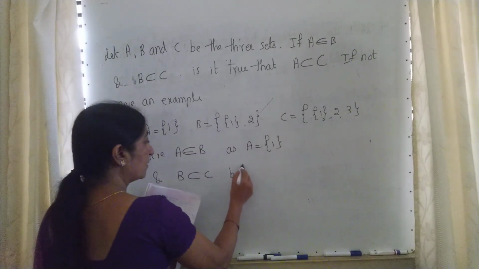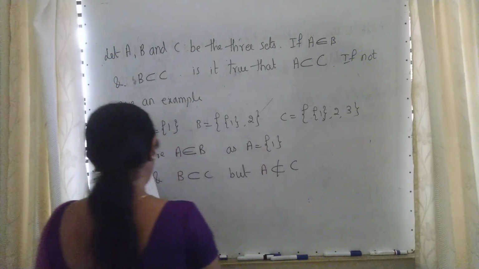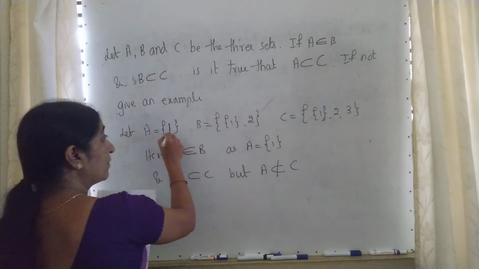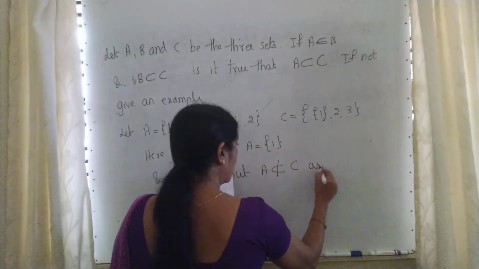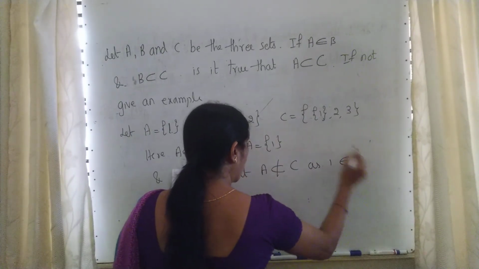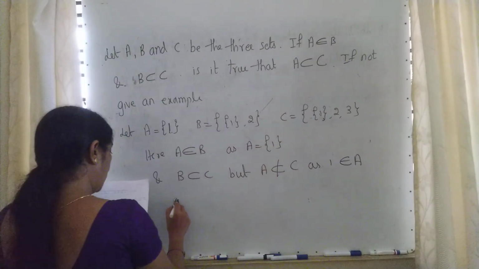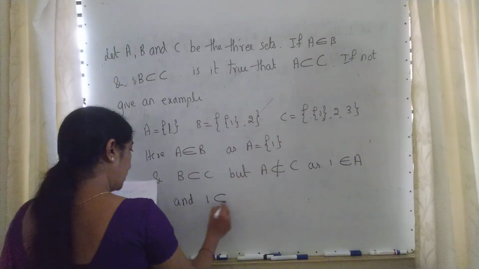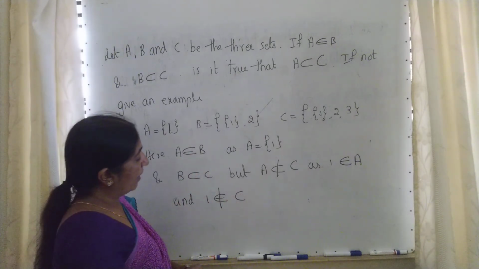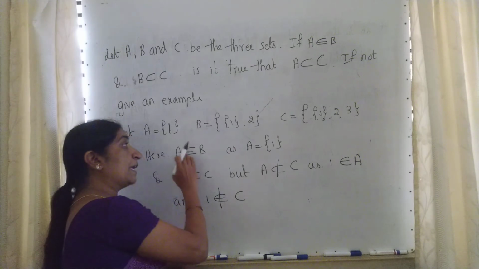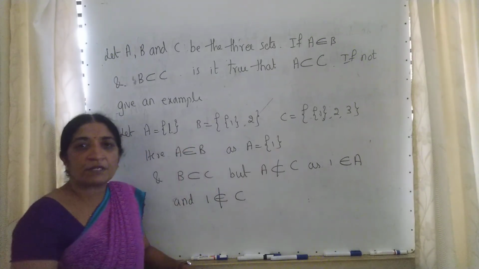But A is not a subset of C. Why? This is a single element. But what you are observing is 1 belongs to A, but it is a set, it is not a single element. Understood? And 1 does not belong to C. That's why we can say that it is an element, but it is not a subset. Understood?